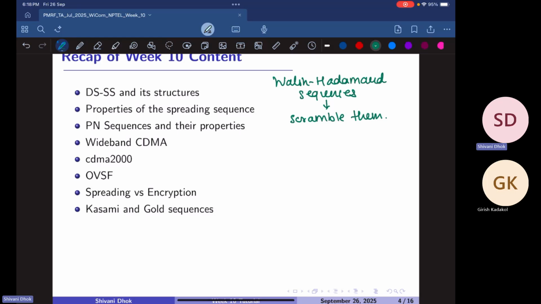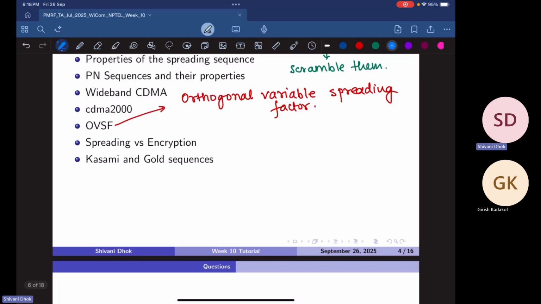Then we looked at another thing, that is OVSF. This is essentially your orthogonal variable spreading factor. And for this, we looked at a notation where we said that OVSF of L comma 2I is of length L, and it is indexed by the 2ith code.